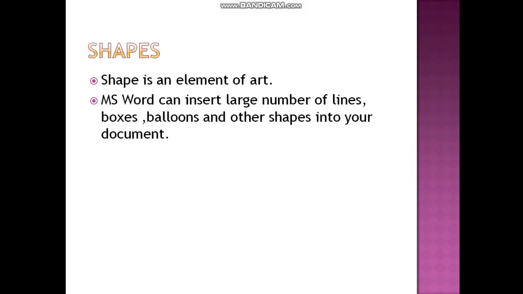Next we have shapes. What is shape? Circle, triangle, line, these all are shapes, right? So shape is an element of art, and you can add a large number of lines, boxes, balloons and other shapes into your document.